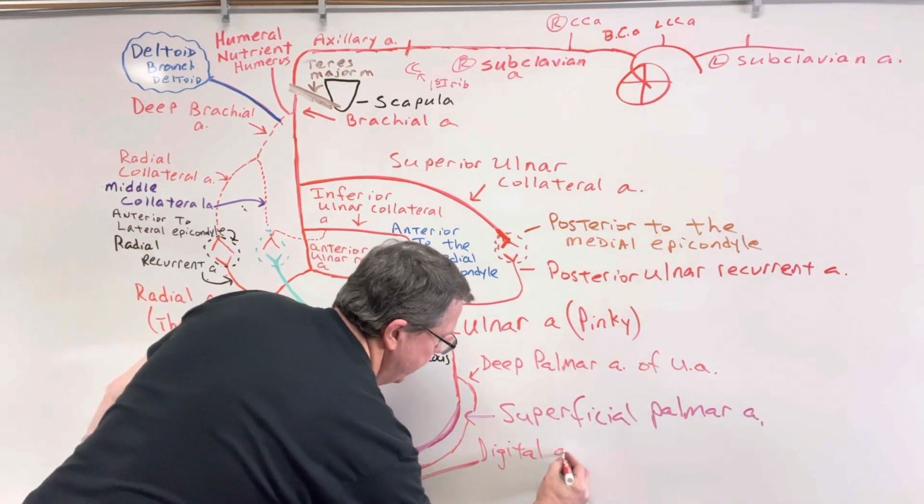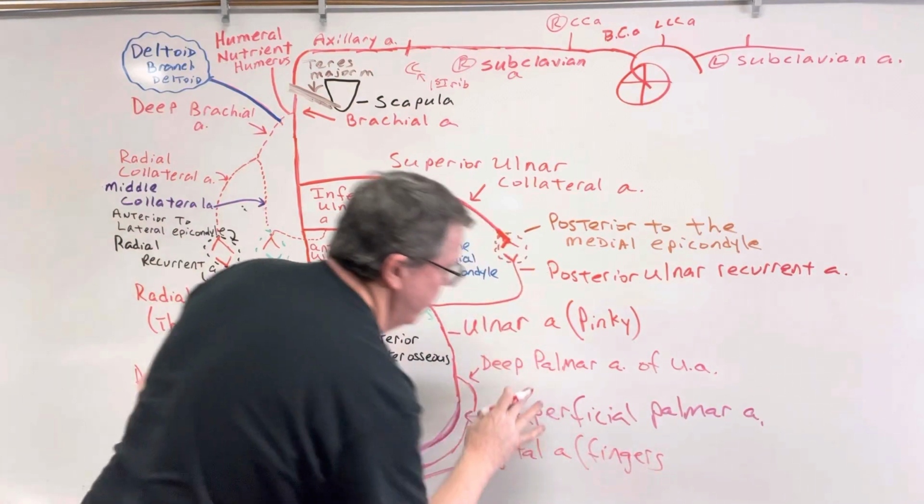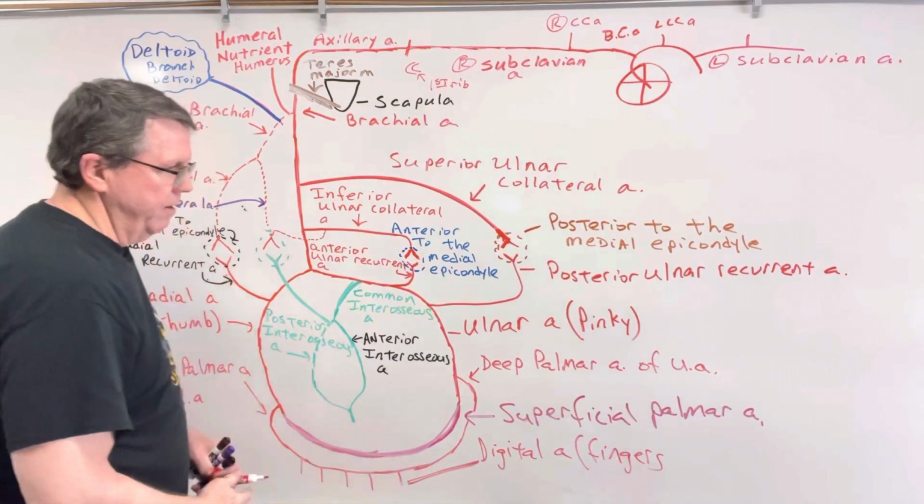And the digital arteries are basically going to go into the fingers. Okay? The palmar arteries are obviously going to supply blood to the palm and to the hands. Right? These are going to supply it to the fingers.